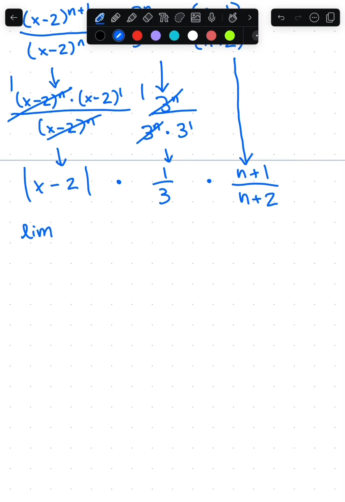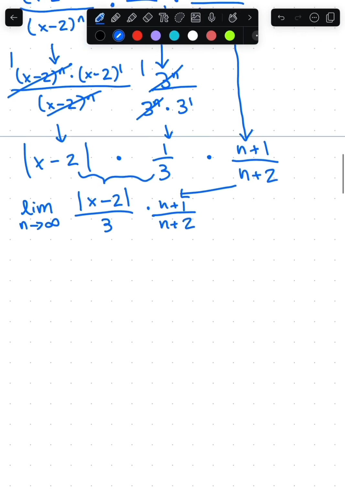So yeah, like I said, we're going to find the limit as n approaches infinity. We can just write this as absolute value of x minus 2 over 3 now, and then keep the n plus 1 over n plus 2 terms separate, like that.